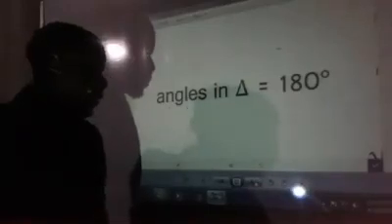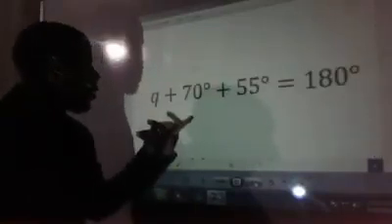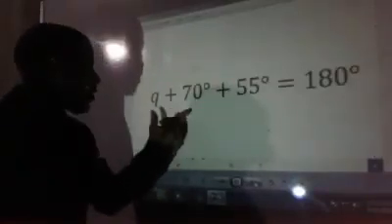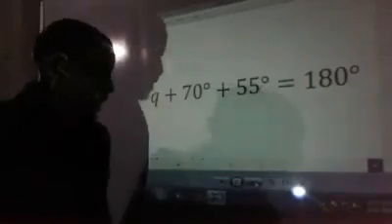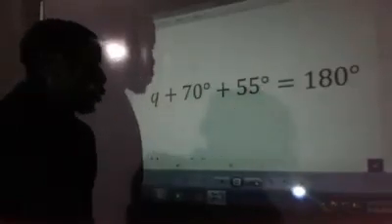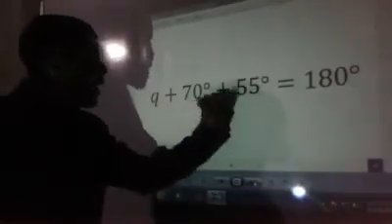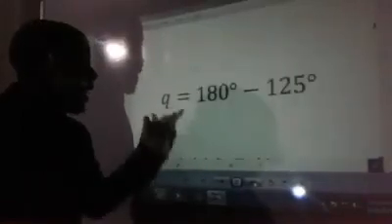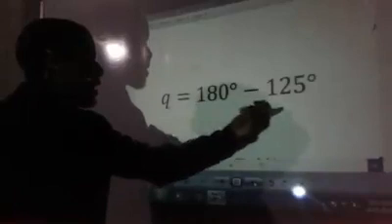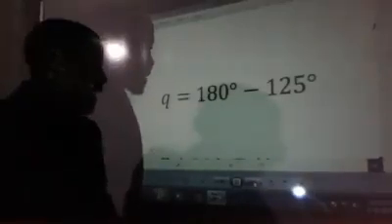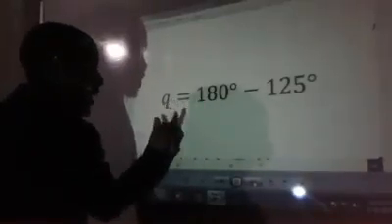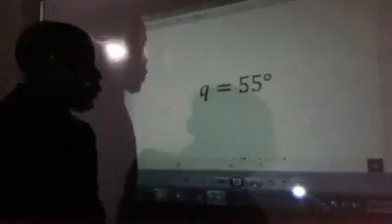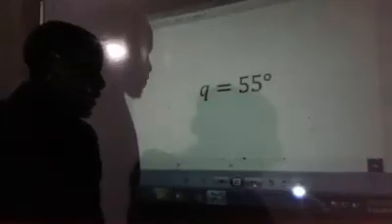Always state your reason. Going back to our general form of the equation, Q plus 70 plus 55 equals 180. We add these two to give 125, and we subtract that from 180 degrees to find our Q, leaving Q equal to 55 degrees.